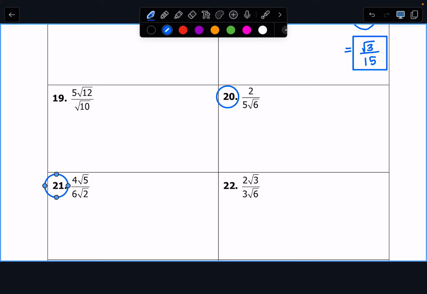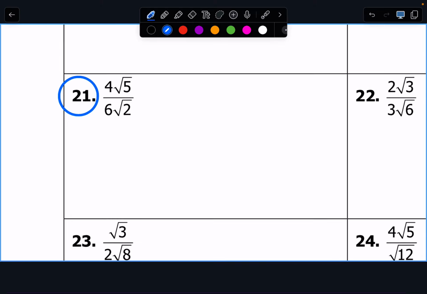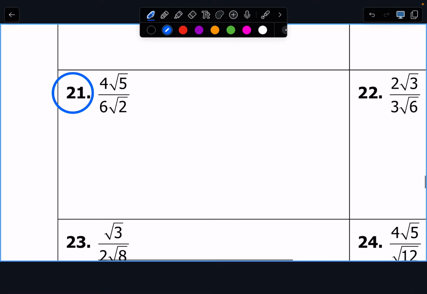Is number 20's answer a little bit similar to number 18's? Did you get radical 6 over 15? Because when we multiply by radical 6, we get 2 radical 6 over 30, which simplifies to this. In 21, did you multiply by root 2?